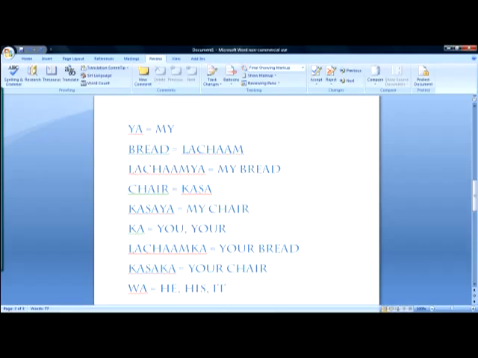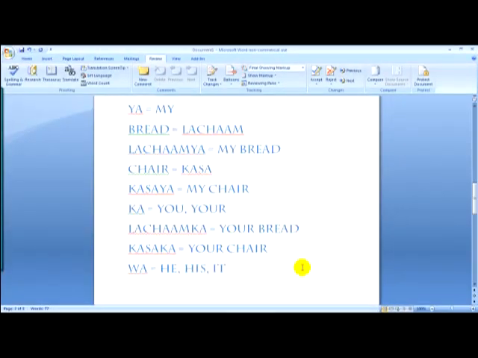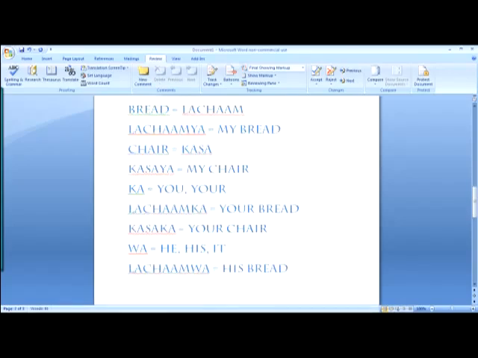Now let's deal with his bread. Lacham wa, which means his bread. And then once again, kasa wa, which means his chair. Keep in mind, sometimes that letter wa could be it at the end of a word.